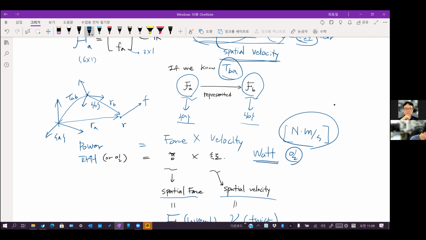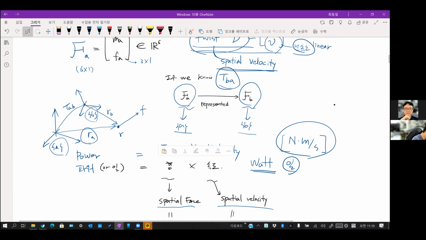So in this figure, there is the A frame here and the B frame here, and the forward kinematics relationship is expressed in T_AB. And there is one point here, and this point is expressed by r_A using the A frame and r_B using the B frame.